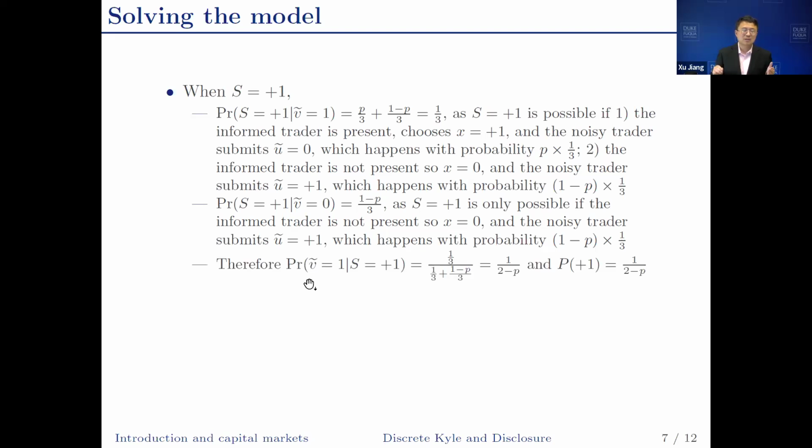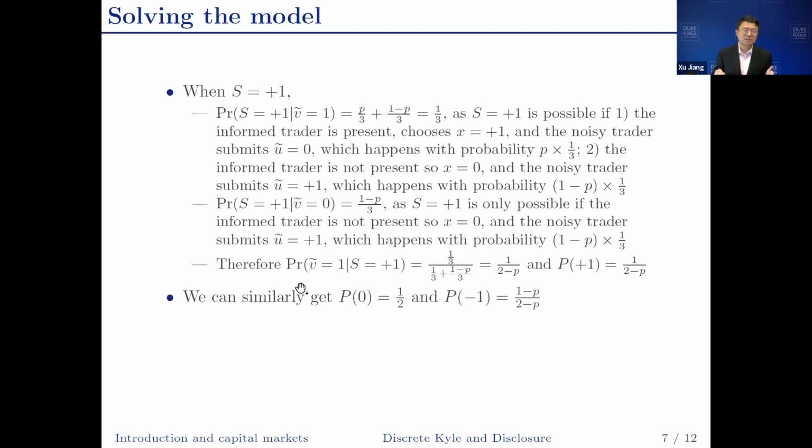We can calculate the probability of V equals 1 conditional on S equals +1 using Bayes' rule, and the result is 1/(2 minus P). That means the price conditional on order flow being +1 is also 1/(2 minus P), because it would just be 1/(2 minus P) times 1 plus the complementary probability times 0, which is 1/(2 minus P).